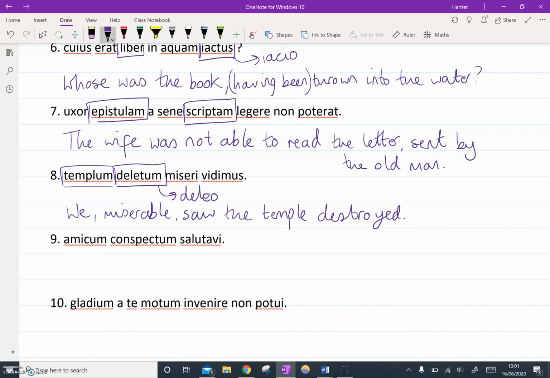We, miserable, saw the temple destroyed. Or you could say saw the destroyed temple. That would be even nicer. Okay, that's probably the trickiest thing about these PPPs, figuring out how to move them around so that your sentence keeps the grammar intact, but obviously sounds nice in English.